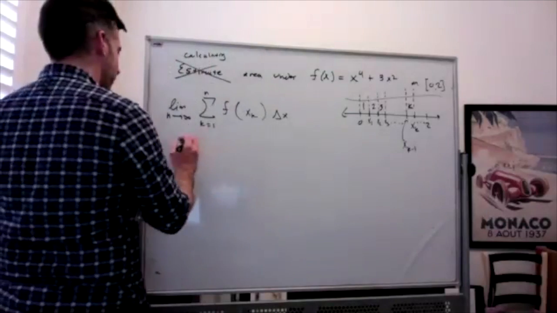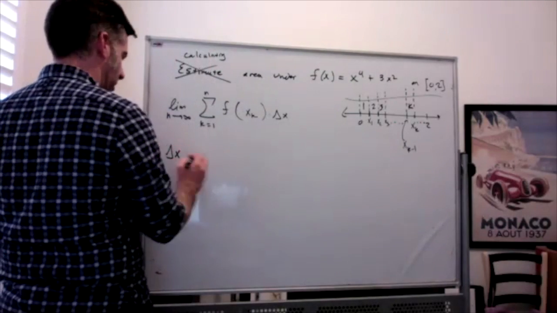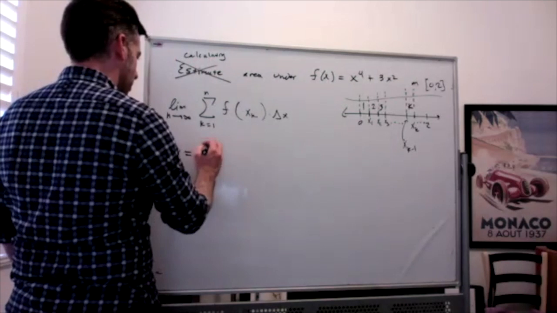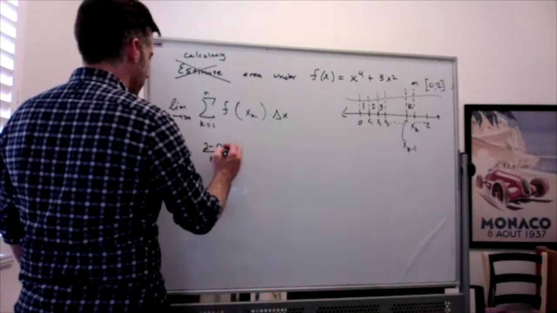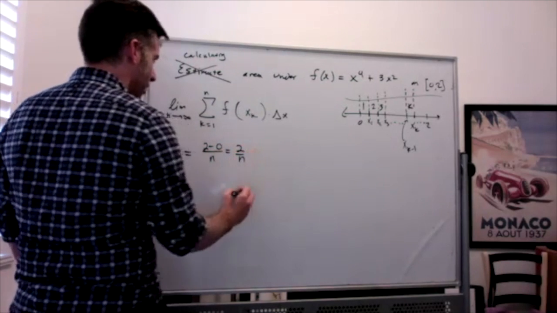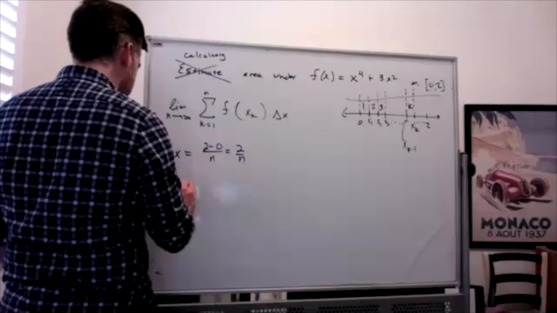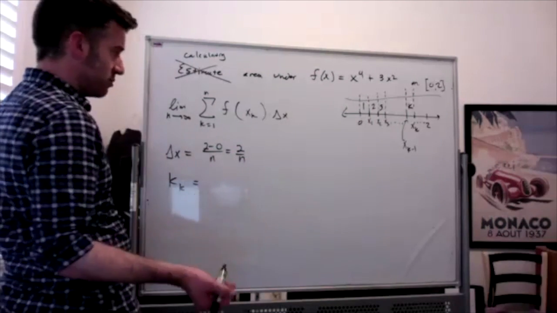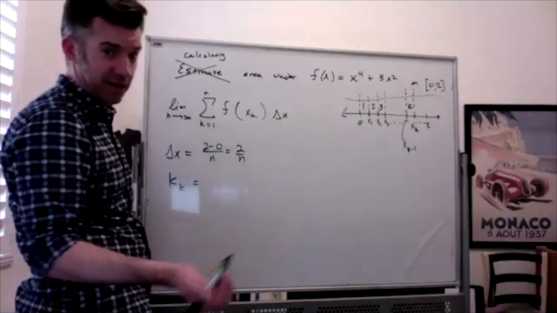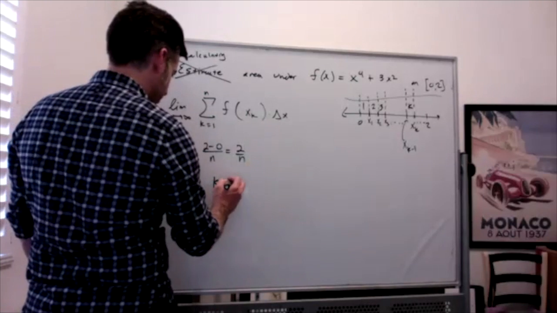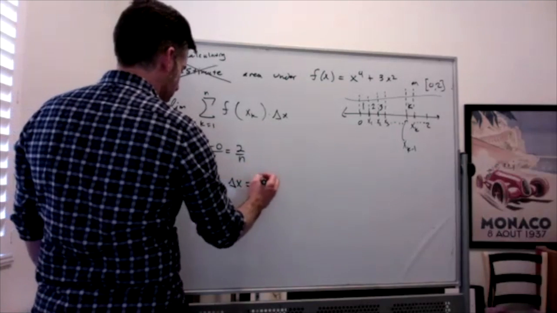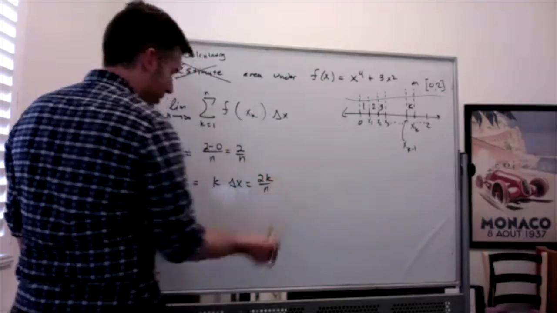So we can find our delta x, right, our width of our subinterval is going to be 2 minus 0 over n, which is 2 over n. And our x sub k is going to be our delta x times k, which is going to be 2k over n, right?